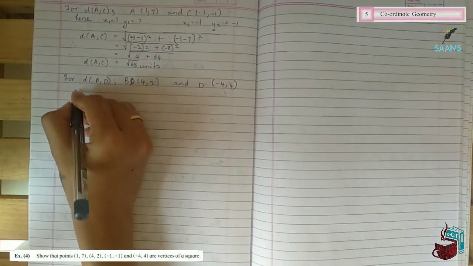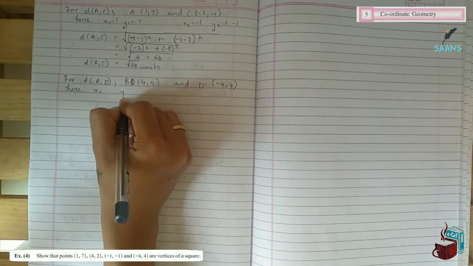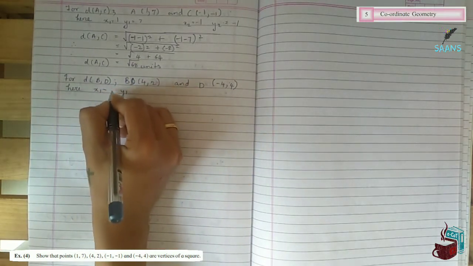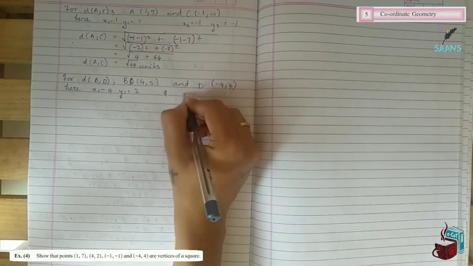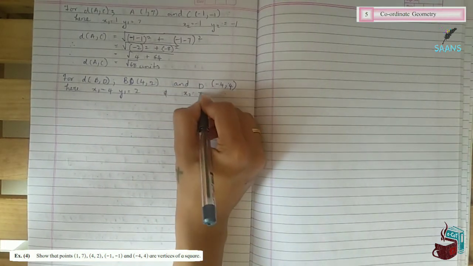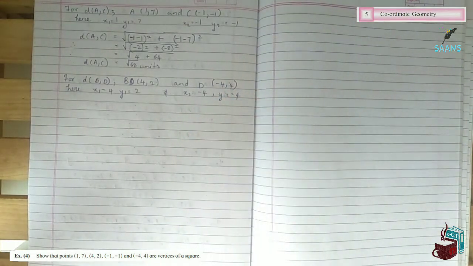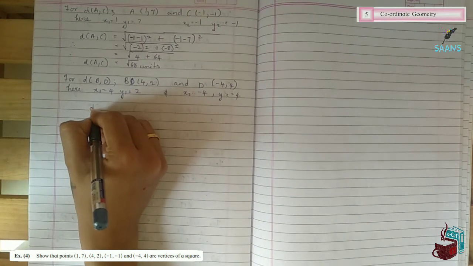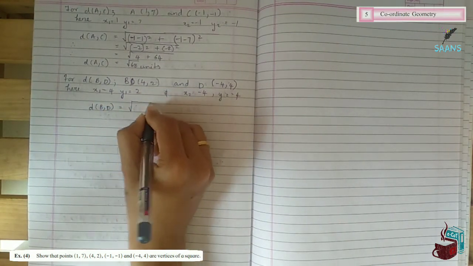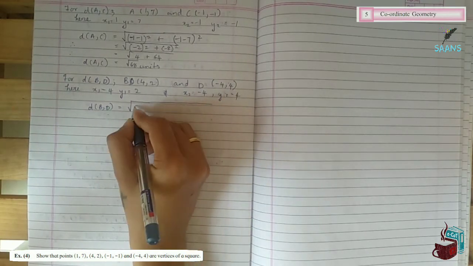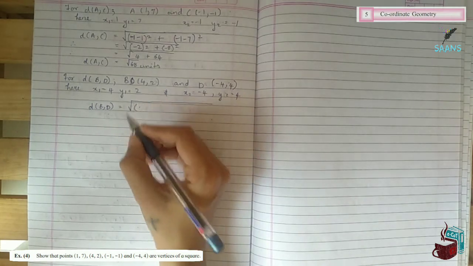Here x1 is 4, y1 is 2, x2 is minus 4, y2 is 4. So distance B comma D is equal to under root x2 minus x1, minus 4 minus 4.